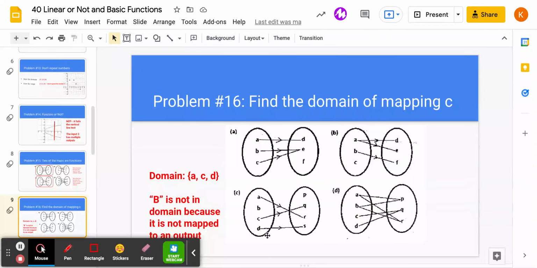I think everyone notices A maps to a particular output, C maps to an output, and so does D. A, C, and D would be the domain. B is not even being used. It's not mapping anywhere, so we can basically ignore that. So the domain for C would be A, C, and D.